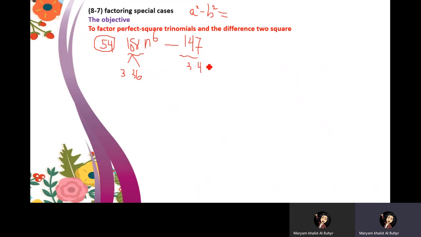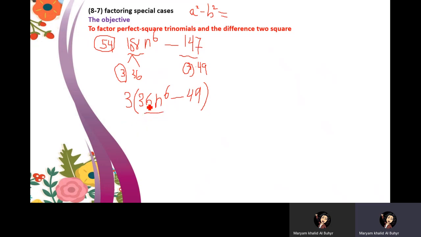Times 49. If you take 3 outside as a common factor, the remaining is 36n to the power 6 minus 49. You can rewrite this. This is easy.